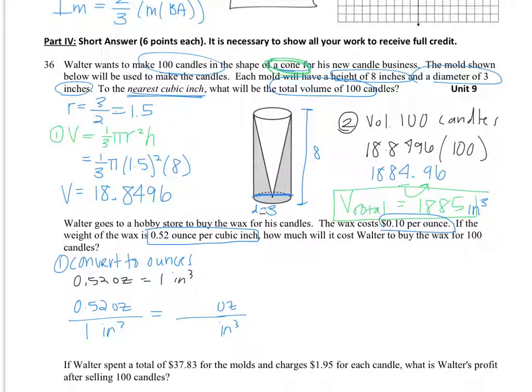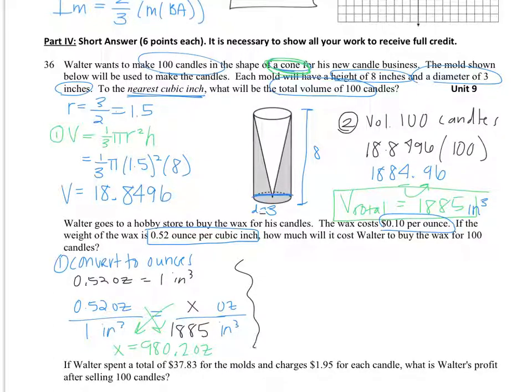So 0.52 ounces over 1 inch cubed, I don't know the number of ounces in my 1,885 inches cubed from up above. So now I just simply cross multiply. And when I cross multiply, I get x equals 980.2 ounces. Okay, so that's the first option for converting.